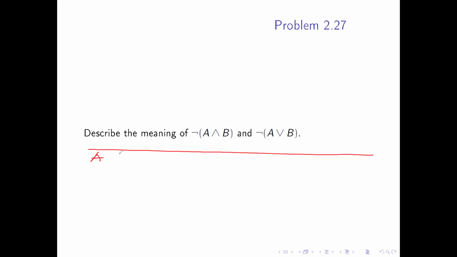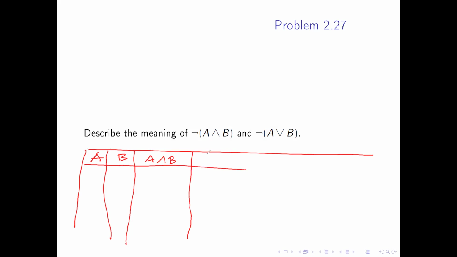I'm going to have A and B right here, and then I'm going to have A and B, and then I'm going to have not (A and B).